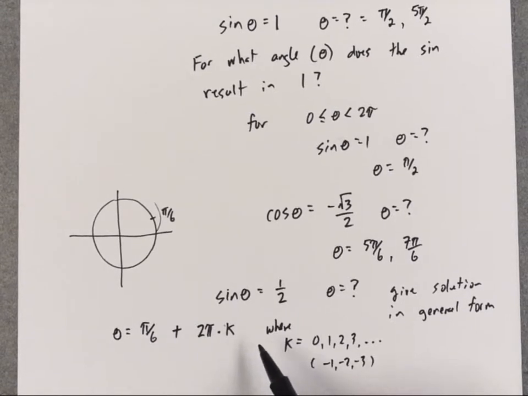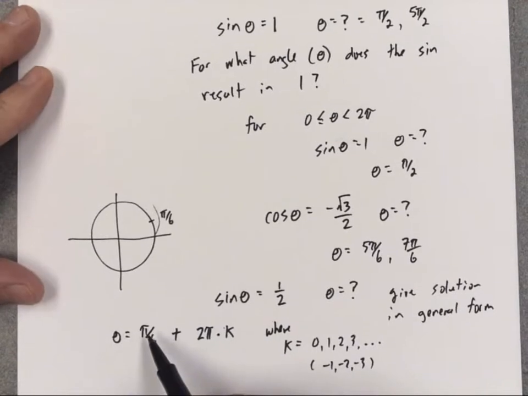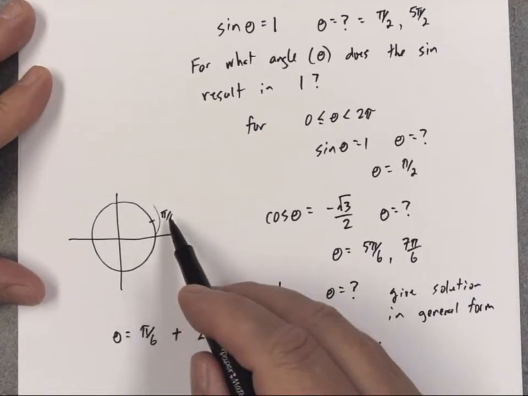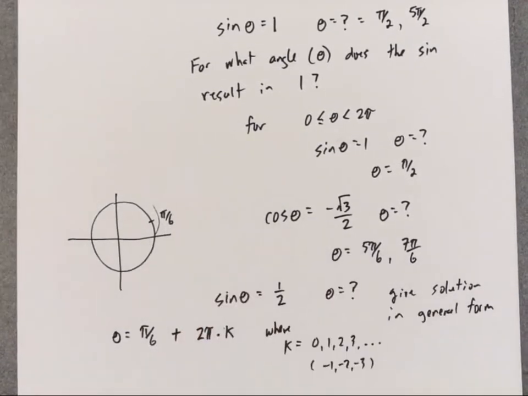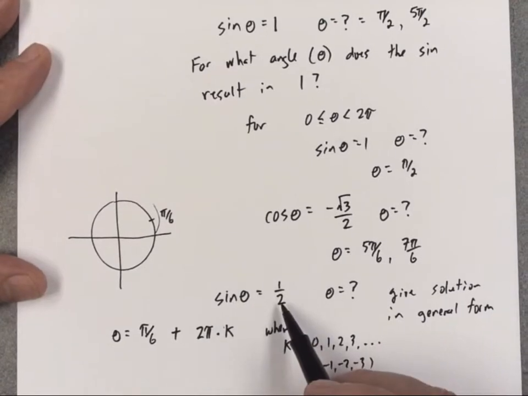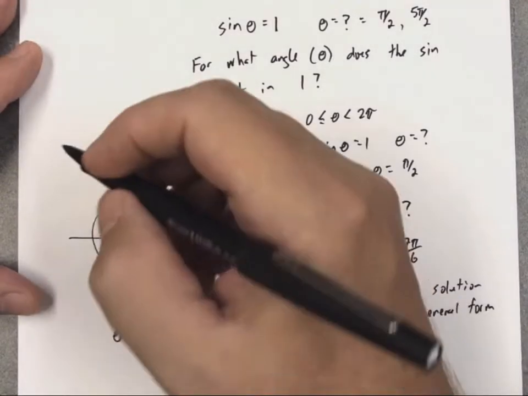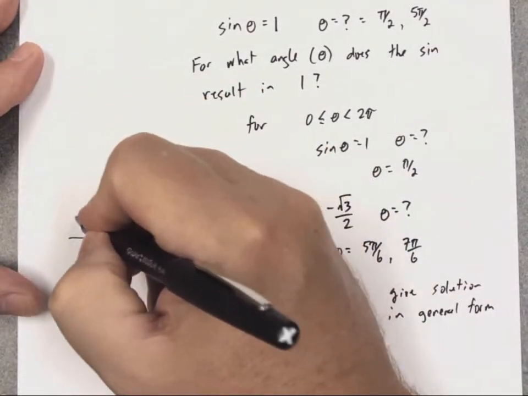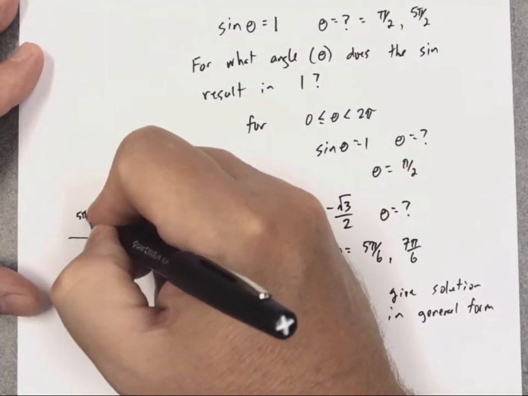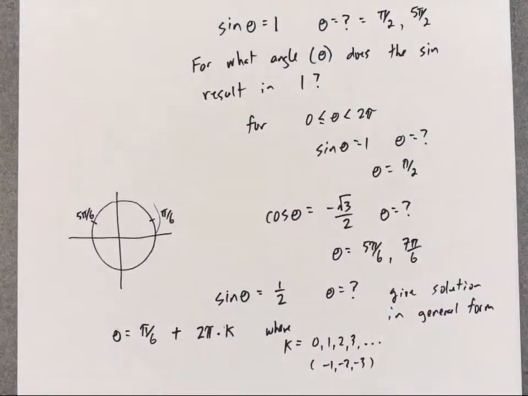However, what's interesting is this solution here covers all what we could call the pi over 6 solutions. But there's actually another angle where the sine of theta is 1/2. And what is that? It's actually over here, 5 pi over 6.